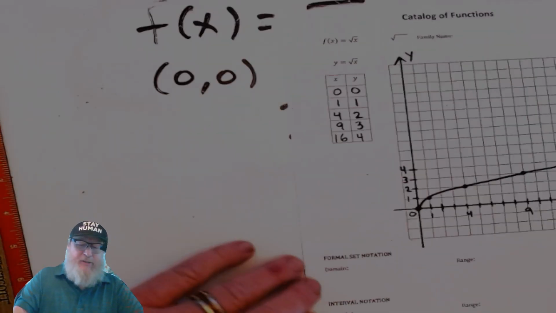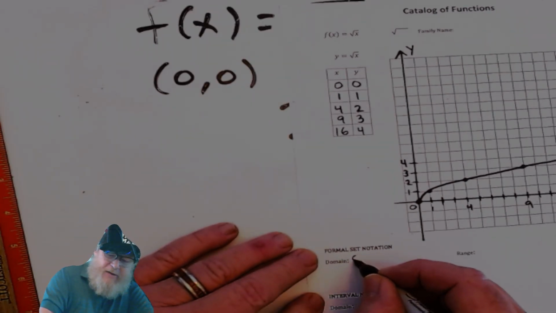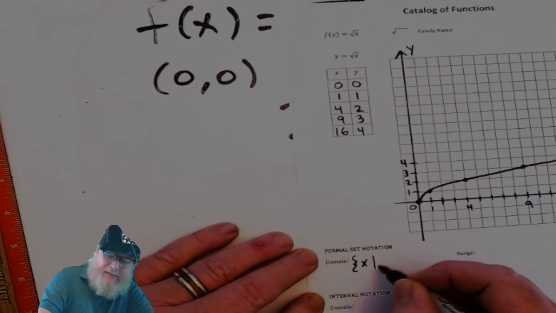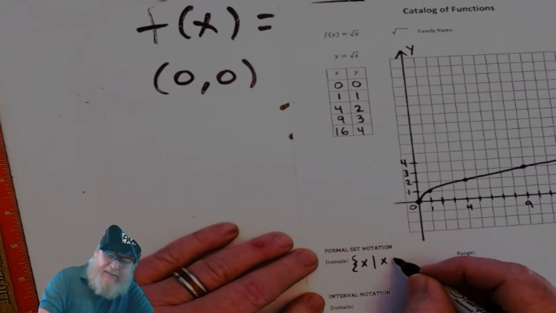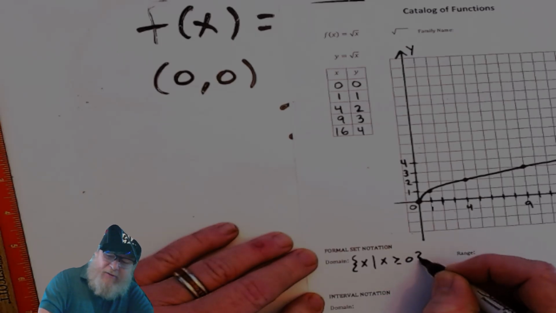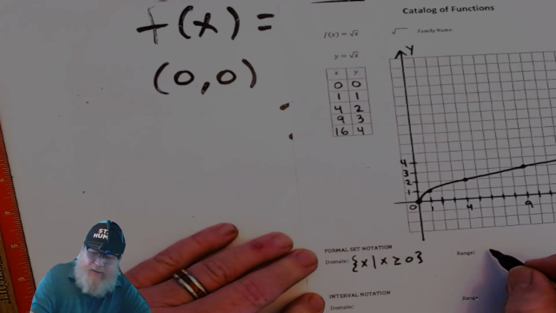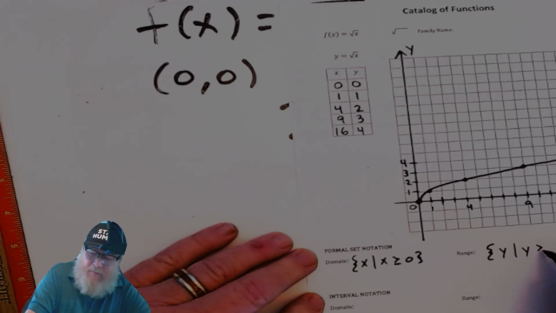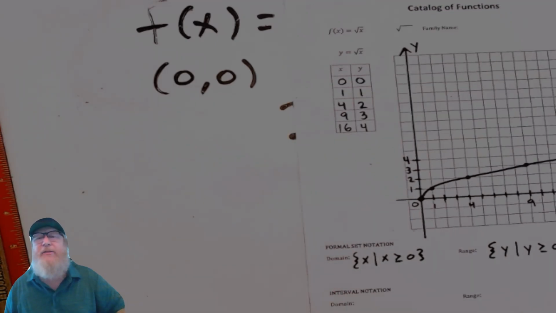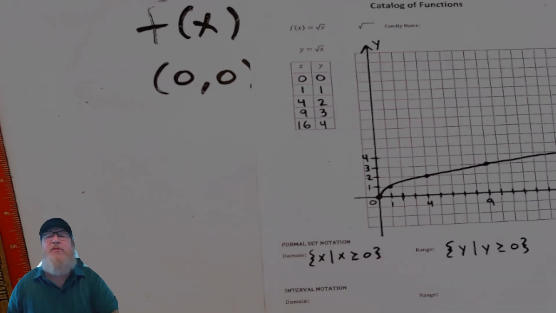All right, so now we're going to do the domain and the range, the formal set notation, the set of all x. Notice that my terminal point is 0, so x is greater than or equal to 0. And notice the range is the same, but we use a different variable. The set of all y such that y is greater than or equal to 0. So that is your formal set notation for domain and range.